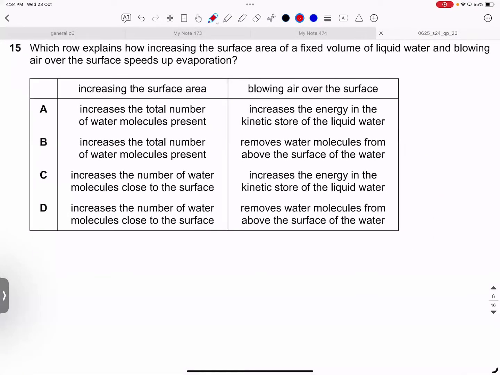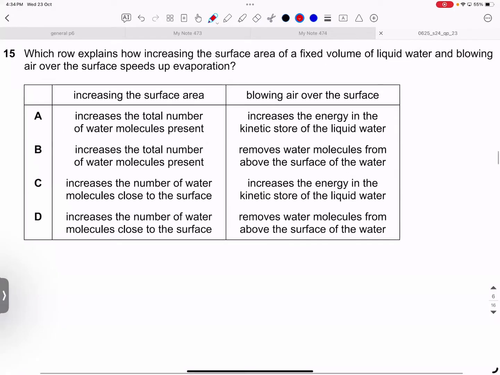Question number 15. Which row explains how increasing the surface area of a fixed volume of liquid water and blowing the air over speeds up evaporation? Without looking at the options, if you increase the surface area, the rate of evaporation will increase. Number 2, if you blow the wind, meaning there is more air, the rate of evaporation will also increase.